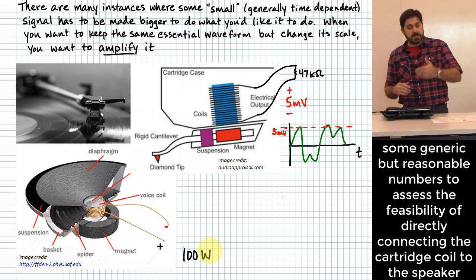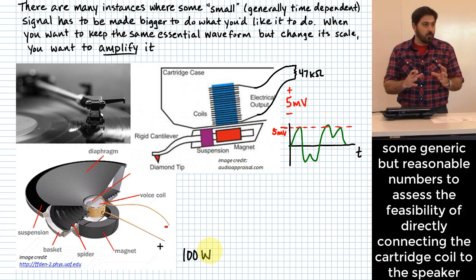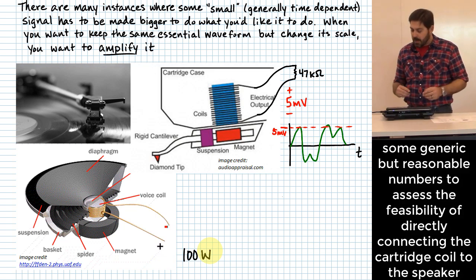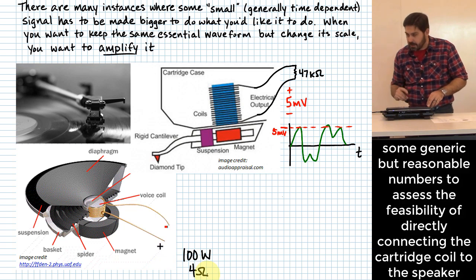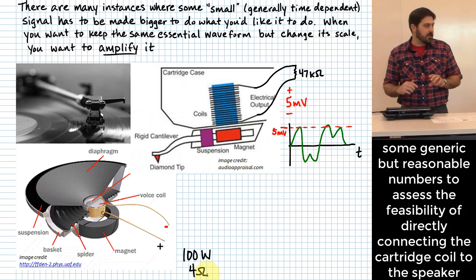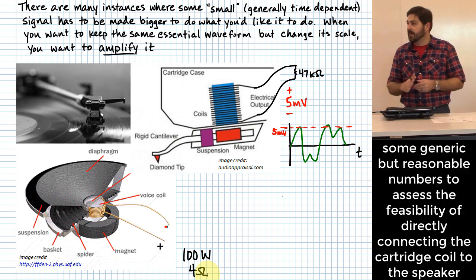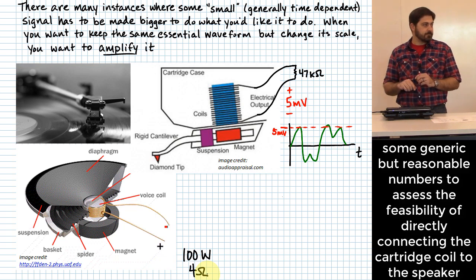And so a common standard for the impedance of a speaker might be around 4 ohms or so. And for now, you can just think of that as being like a resistance, even though officially it's more like an impedance because it's being applied to something that is more like an AC system. Okay?